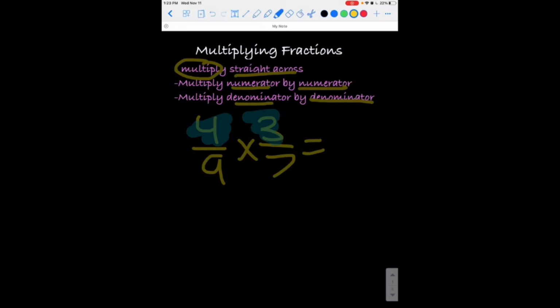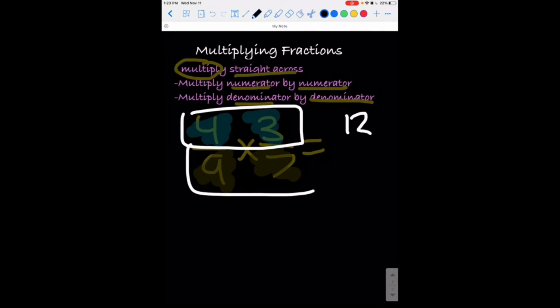This number times this number, and then 9 times 7. When I multiply the two numerators, I get 12, and when I multiply the two denominators, I get 63.